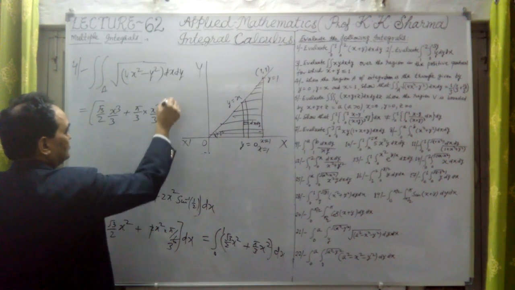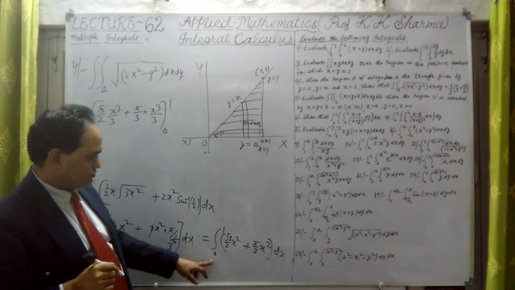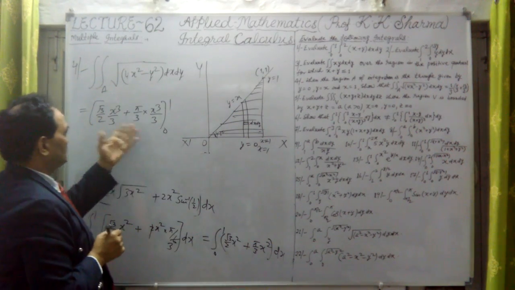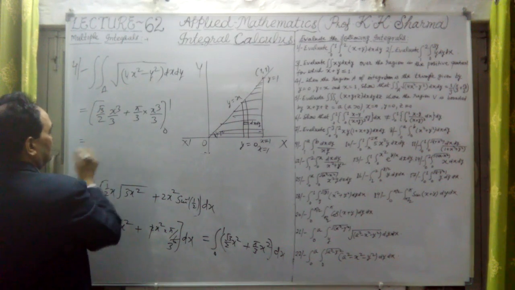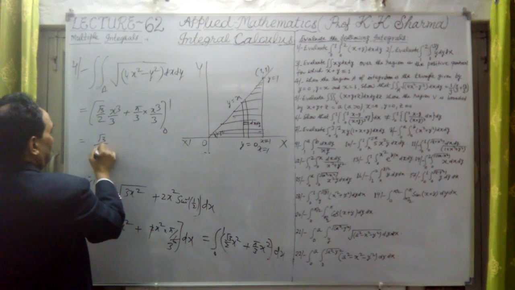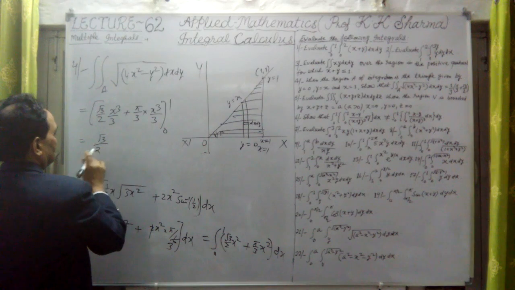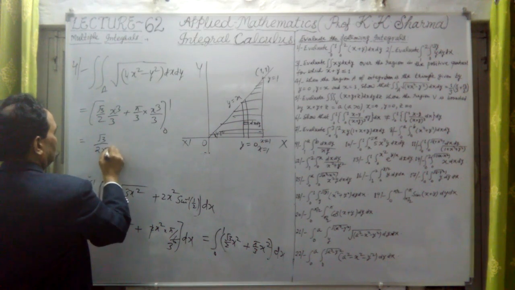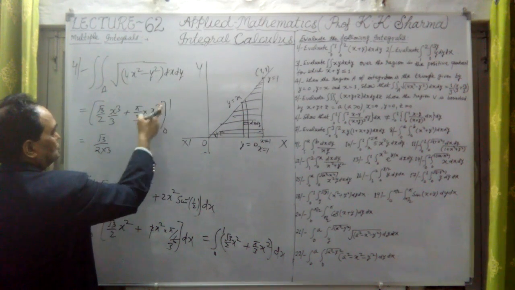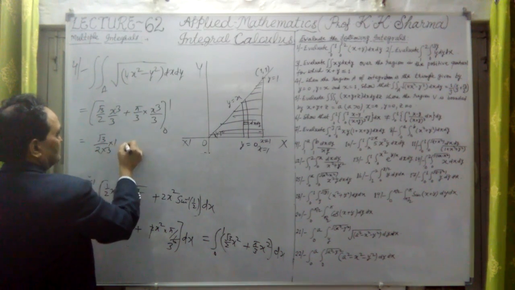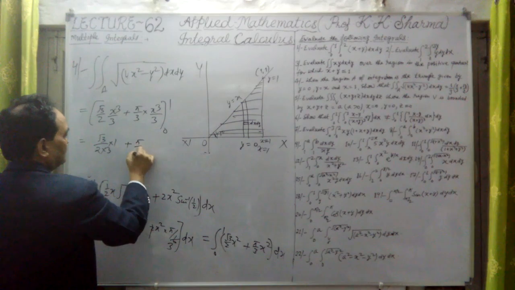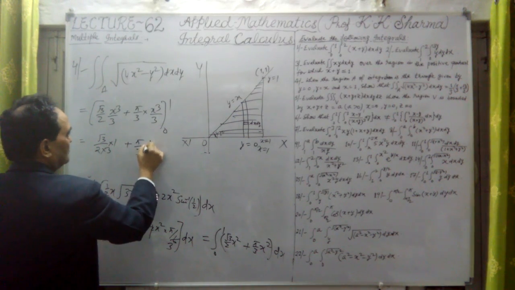Now apply the limits 0 to 1. At 1 only the value will come out. This is root 3 upon 2 into 3, that means 2 into 3, that means 6. x² is 1, 1 cube is 1 into 1, plus pi by 3 into 1 upon 3.